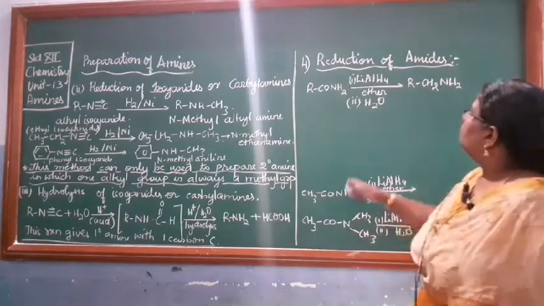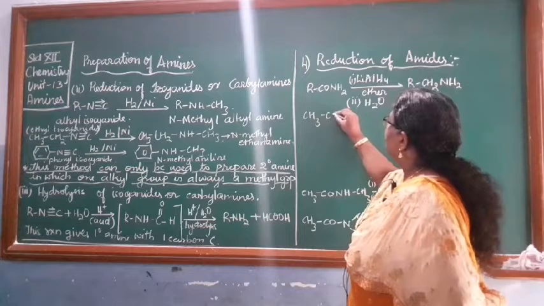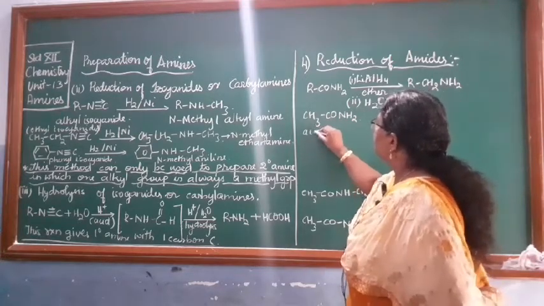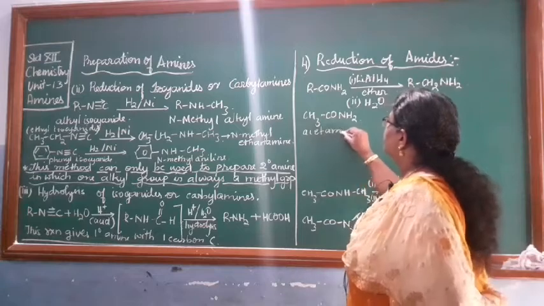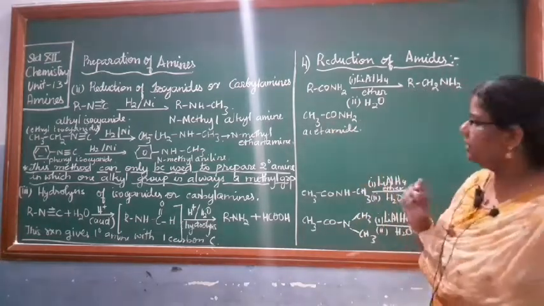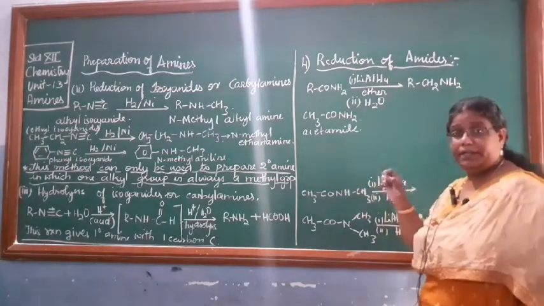ठीक है? तो एक example ले लेते हैं. CH3CONH2. What is the name of this compound? इसका common name है acetamide. Or we can say ethanamide. ठीक है? IUPAC system में this will be called as ethanamide.